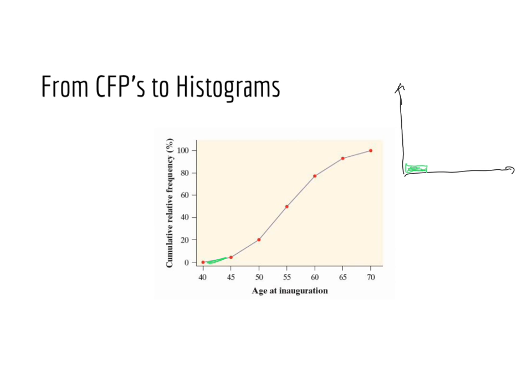Now the next bar, I'll do in blue, is a little bit steeper than that, but it's still pretty shallow. Now the next bar is going to be one of our steepest lines. Okay, so here we go. We'll make that really big.